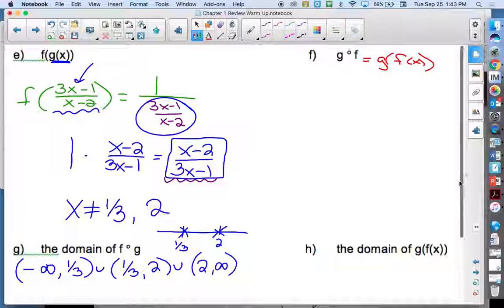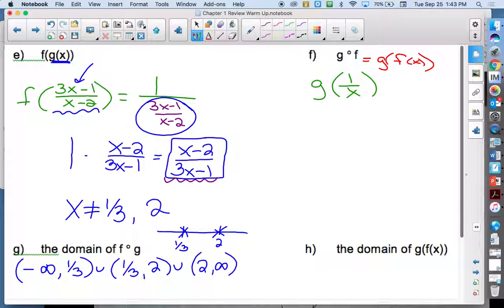And then the last one here, we have g of f of x. So Alice, that means we're doing what? You're taking f and plugging it in. And f is? Just place it. 1 over x. Yeah, 1 over x, yeah.